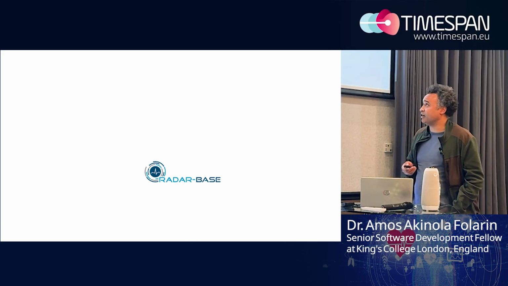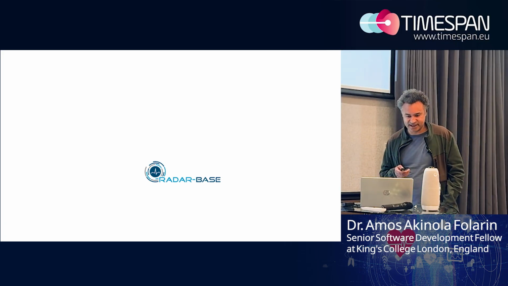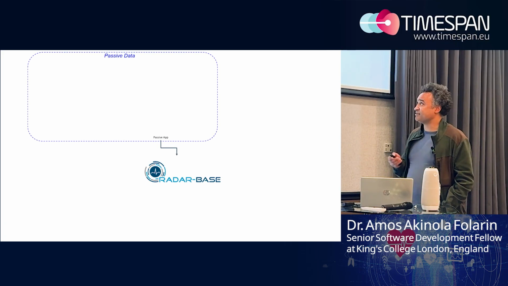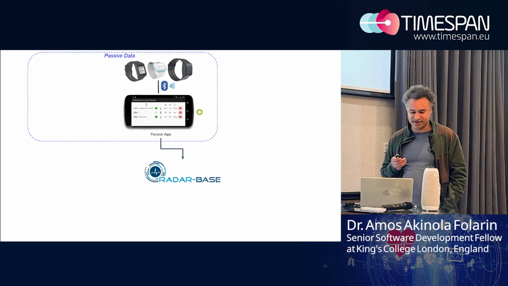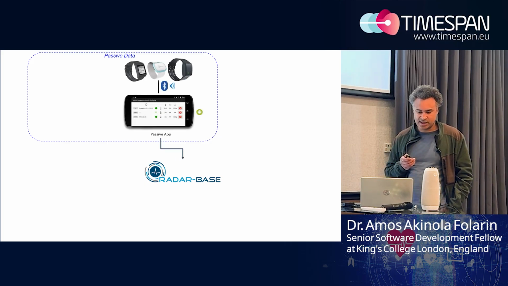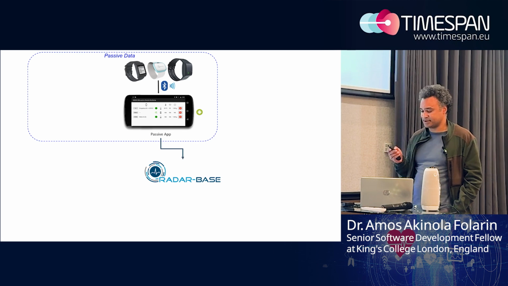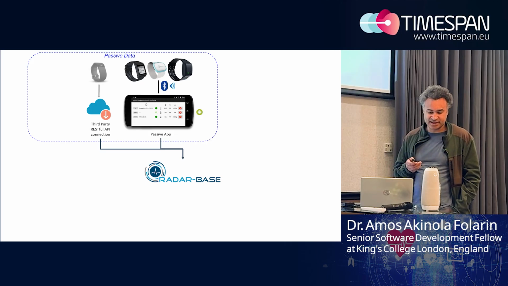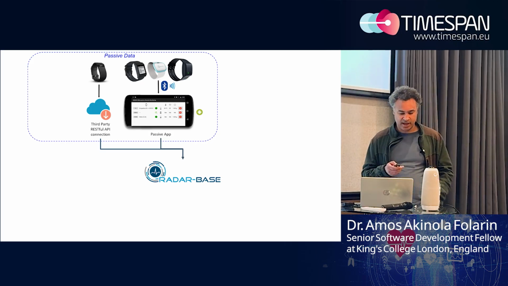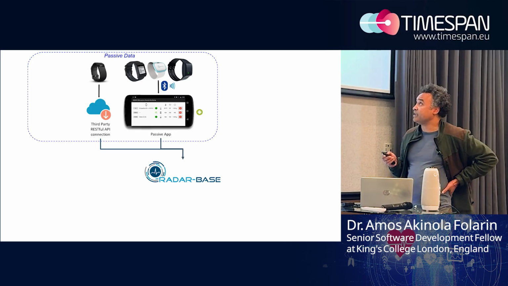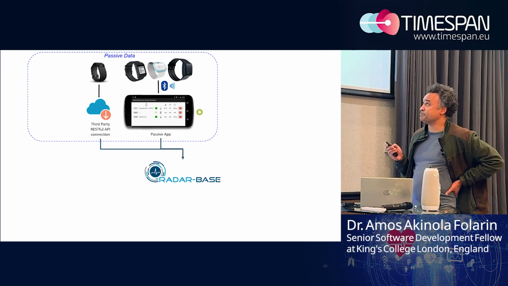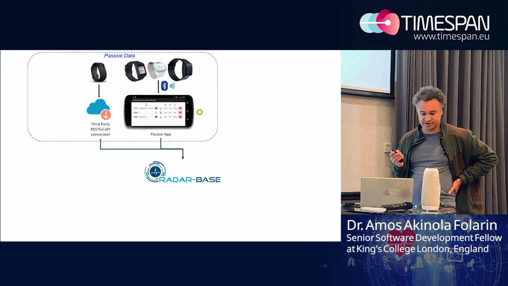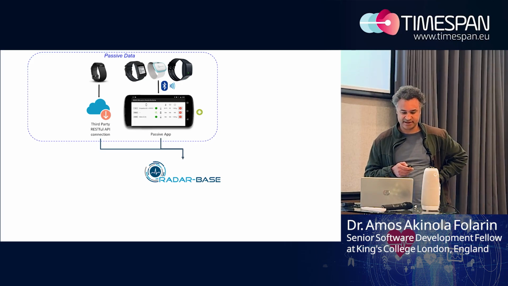Okay, so a little overview of Radar and the things it's doing. We have a passive app. Sorry, this is a slightly older version of the passive app in the slide. Here we can collect data over Bluetooth from devices. Then there is the ability to connect REST APIs. This is probably one of the principal sources of most of the data we collect, just integrating through REST APIs.